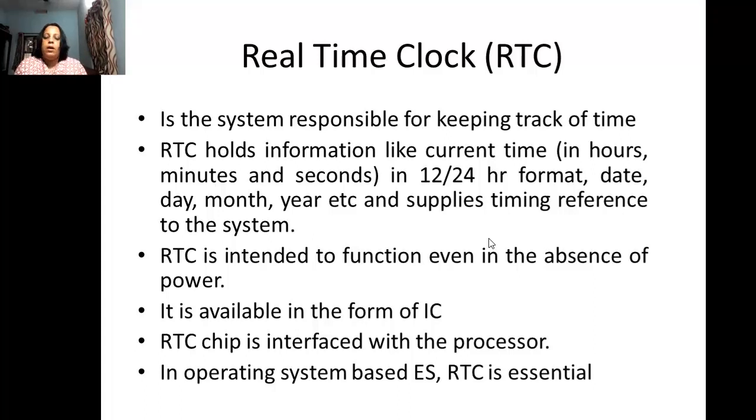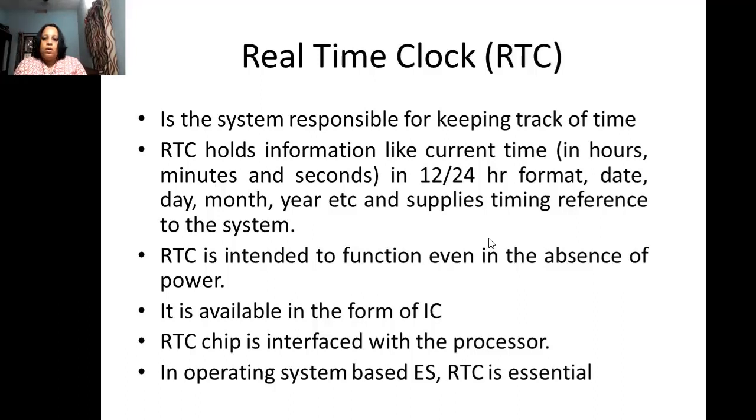It can be in 12 or 24-hour format. It also keeps track of the date, day of the week, month, year, etc., and supplies the timing reference to the system. As I said, RTC is essential wherever an operating system based embedded system is there. If it is not operating system based, then the oscillator unit is enough.